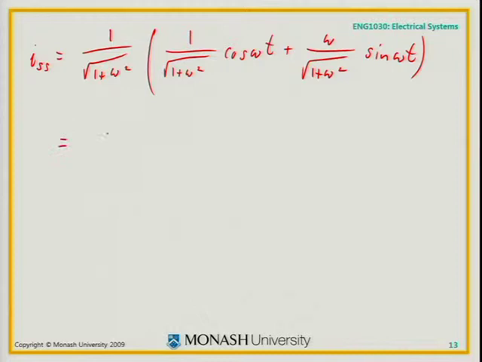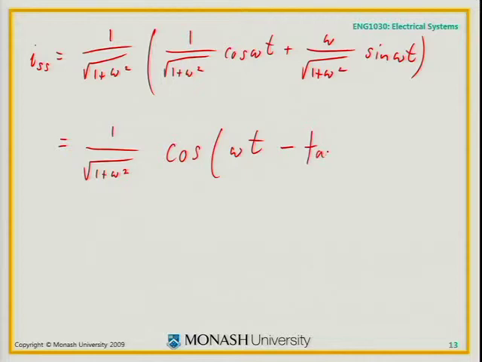So perhaps remembering your identities, you'll realise that this is what? Cos of omega t. Does anyone know? What's the angle, the same way of writing that? Cos of omega t minus tan inverse omega. If you want, I'm not teaching basic trigonometry here, teaching circuits, but just so you might remember this little triangle.